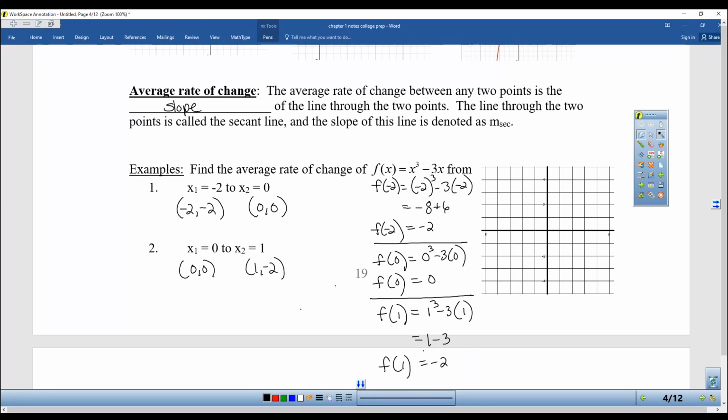Now at this point, you could just find the slope. If you have 2 points, you can find the slope. But you will find throughout the year that I'm a big fan of graphing things. So this graph goes through negative 2, negative 2, 0, 0, 1, negative 2. I know because it's cubic that it has that basic shape.